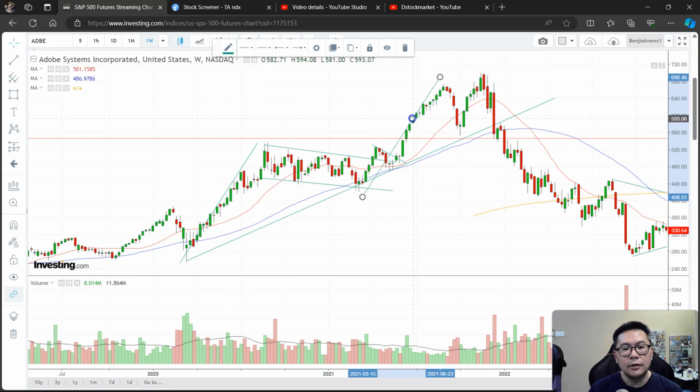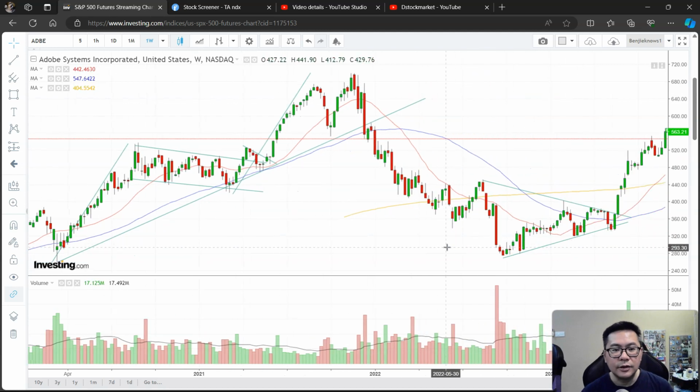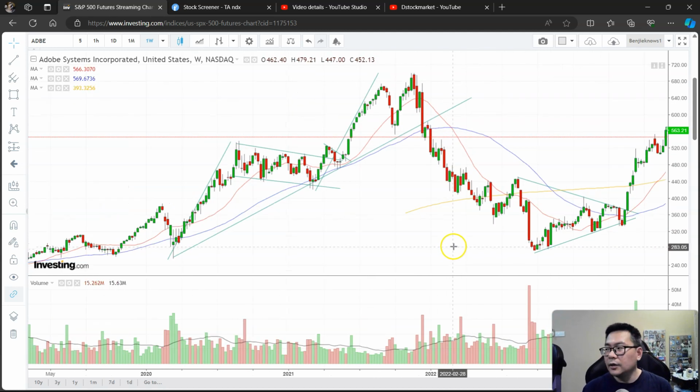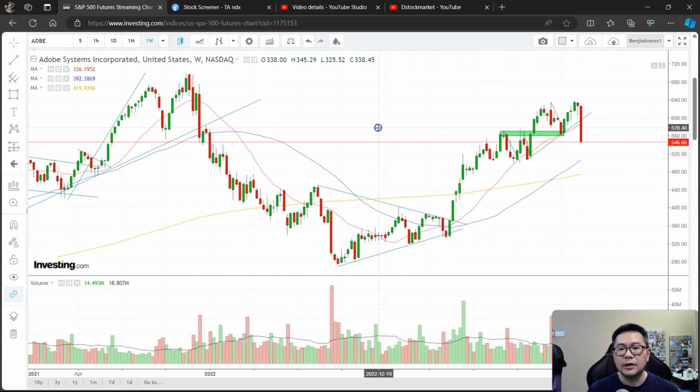Okay, and then this is like a weekly flag. We can take the measured move here, and that's why when it met the target, it dropped. So very important for us to remember, when the target is met, we want to take profits. So a lot of things we can learn from the weekly chart as well.